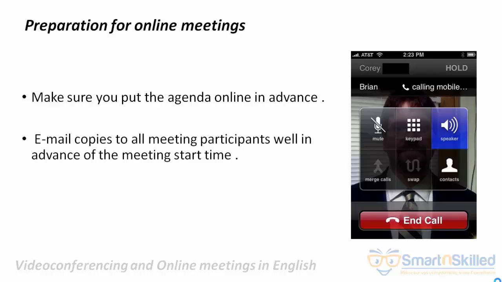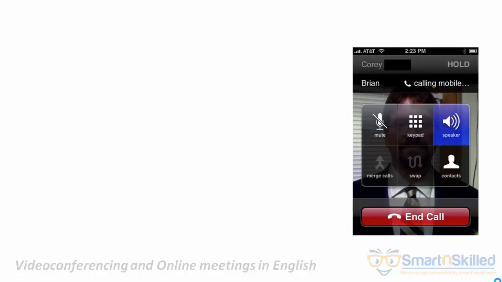You should email copies to all meeting participants well in advance of the meeting start time. Set your objectives clearly. Of course, in preparing a video conference, you must send the agenda so participants can be prepared and know the objectives of the meeting.